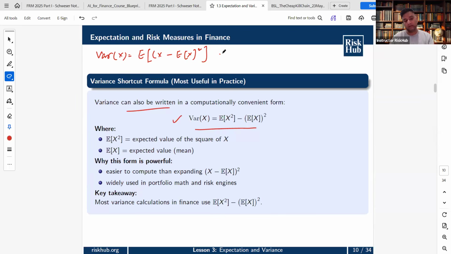You are expanding that. Ultimately it is X squared minus 2X E[X] plus (E[X]) squared.